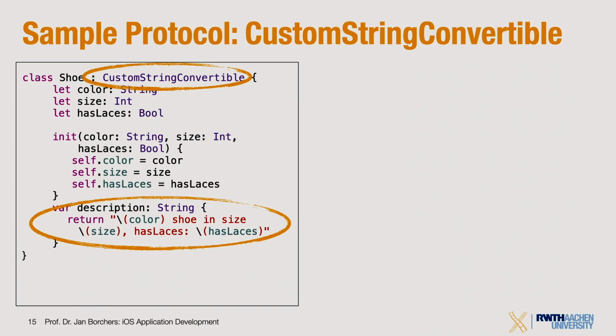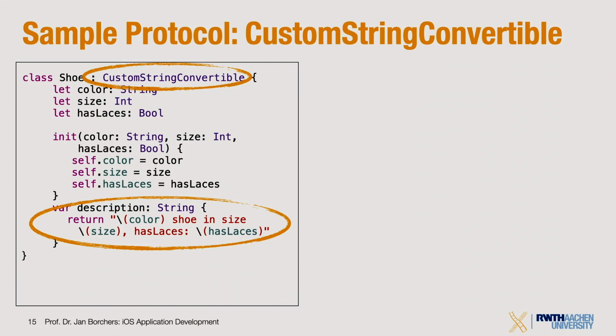And that variable basically here gets set and returns, as you can see, something that says color, shoes, blah, blah, blah, blah. So it assembles something from the existing properties up there to basically return a useful string, right? So it's not a property, it's actually a computed property, as you can see, right? Because I'm giving you, after the type, a little bit of code that says how to set the value of that type.